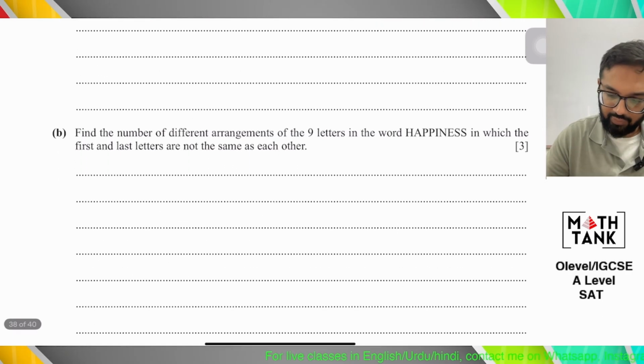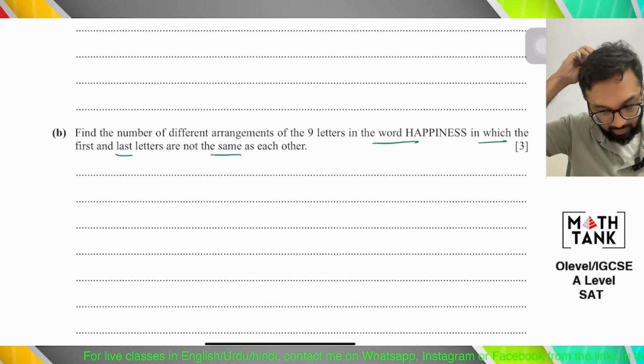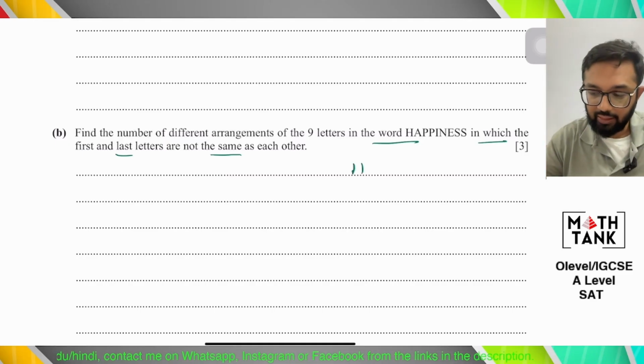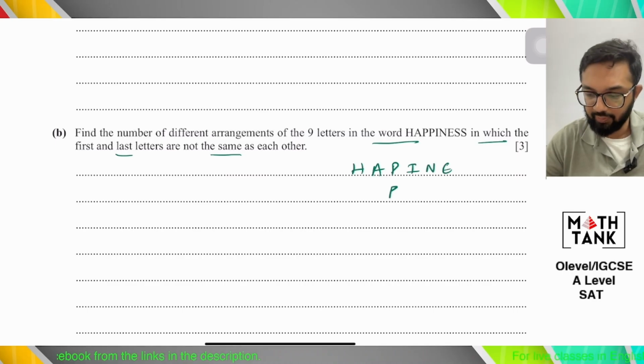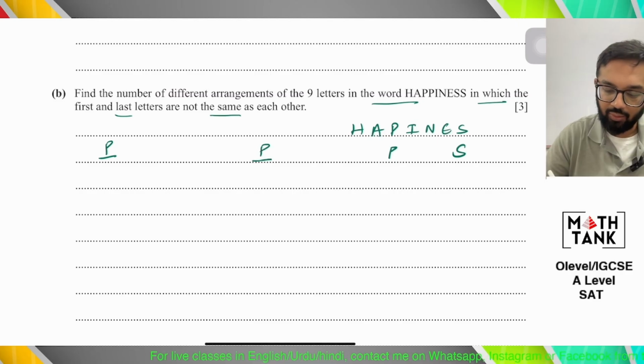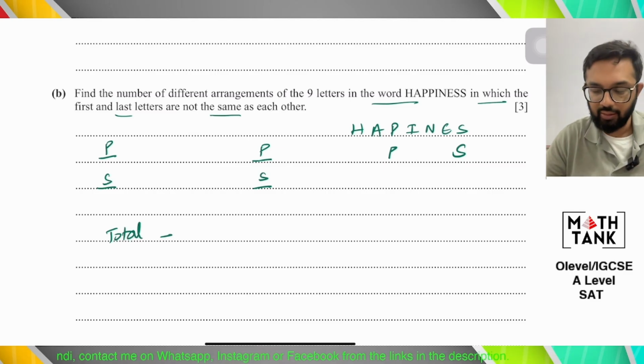Find the number of different arrangements of the 9 letters of the word happiness in which the first and last letters are not the same as each other. Okay, that is slightly challenging, because if you try to make combinations, you get a little lost. The only way that they could be the same as each other is if you have P at the start and P at the end, or you have an S at the start and S at the end. What I'm going to do is subtract them from the total.